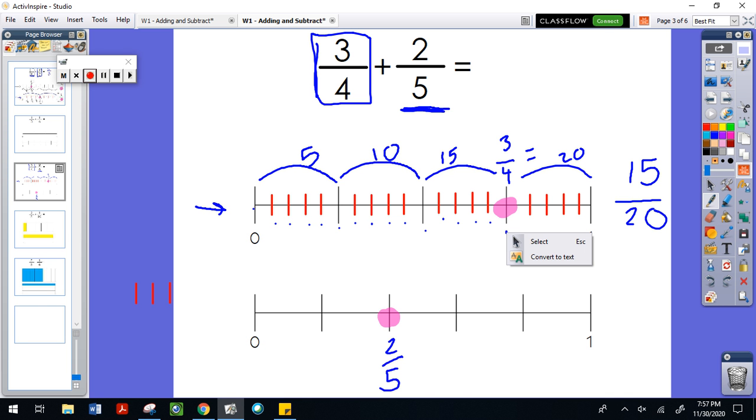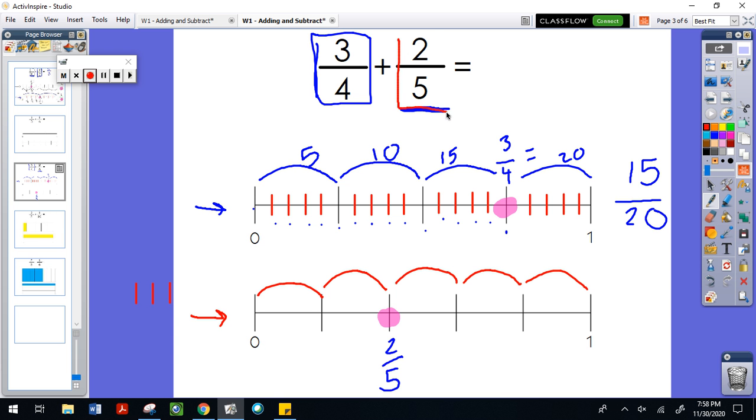Now, if we go down to our second number line, which is 2/5, I'm going to partition each one of these sections into how many pieces? Exactly, into 4 pieces. Because we're taking 2/5 and we're going to use the opposite denominator, which is 4.